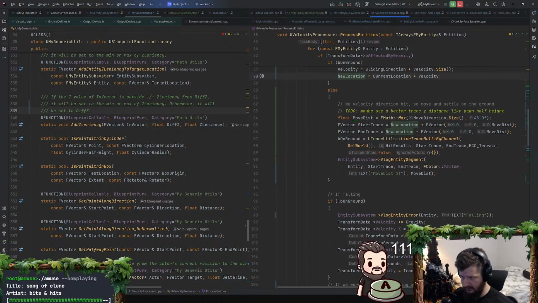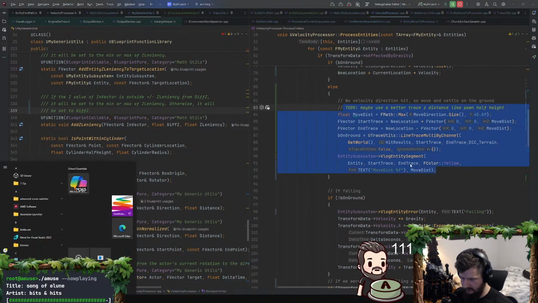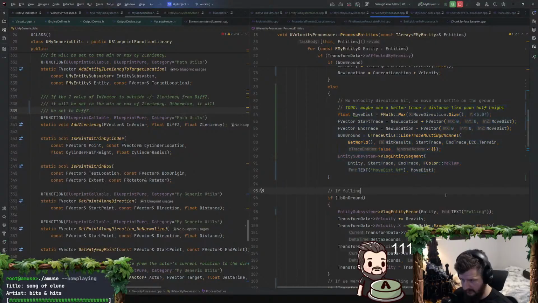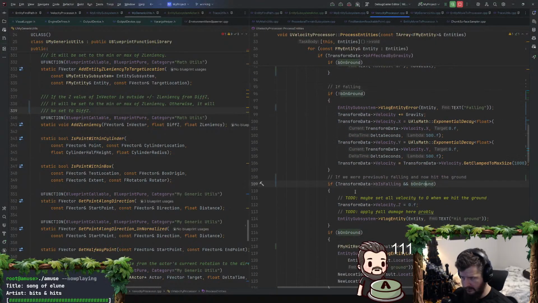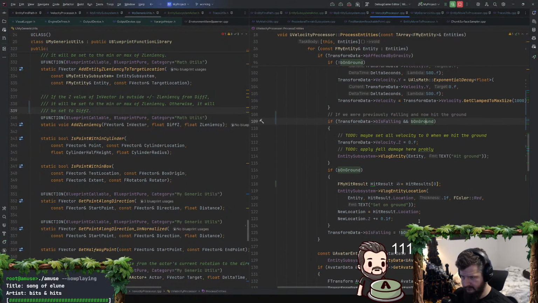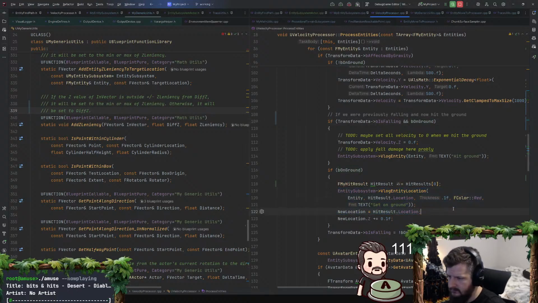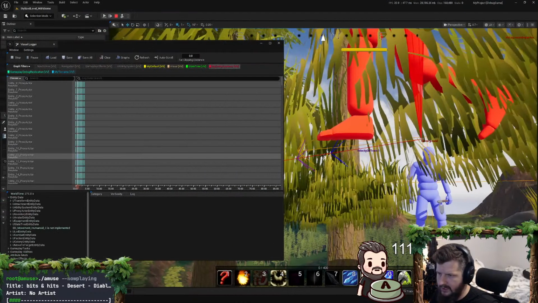I have that new location. We don't do yellow. Yellow is not happening, correct? We are on ground. We're not falling. So we get this red arrow. Or no, just the location. Set on ground, which is hit result dot location.